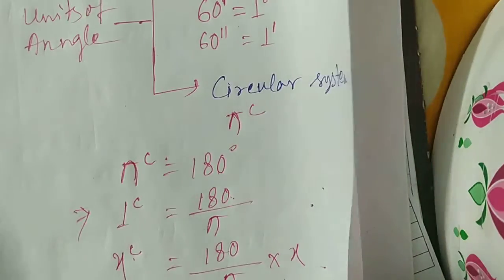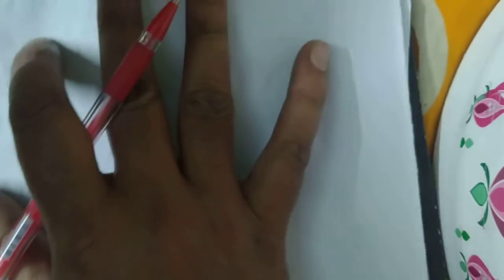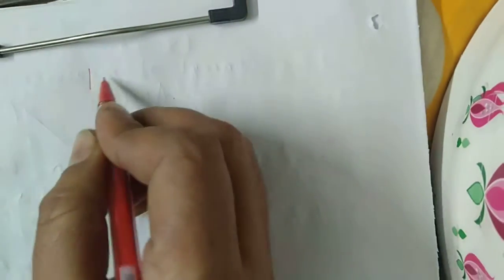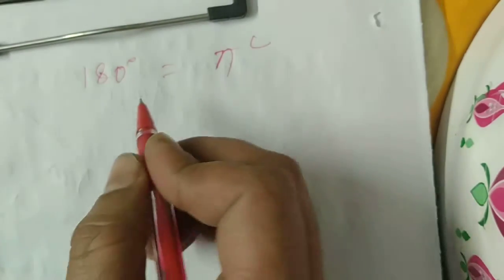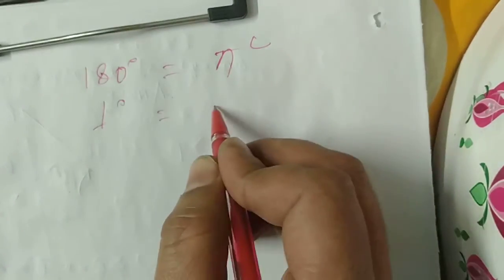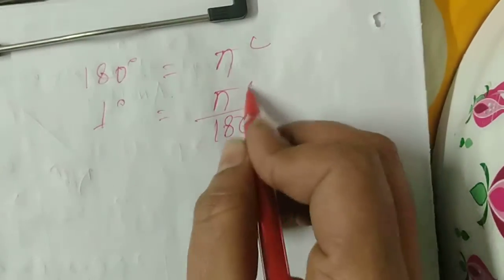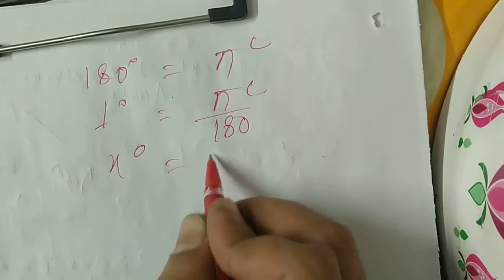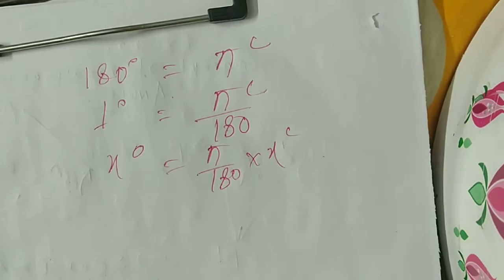And also we can write 180 degree equals pi radian, and 1 degree equals pi by 180 radian, and x degree equals pi by 180 into x radian.